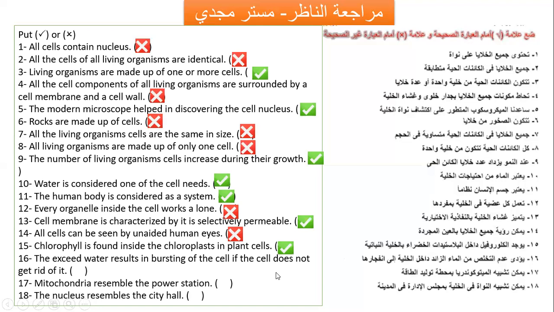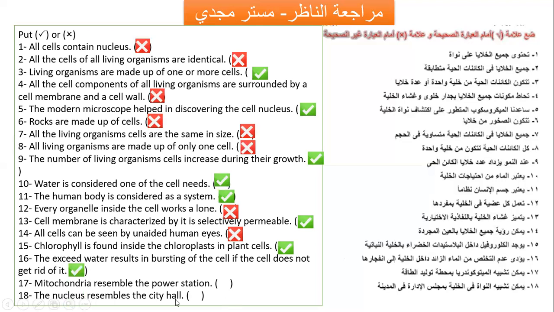Yes, we said if much water enters the cell, the cell membrane allows some water to get out to keep water balance on both sides of the cell. So this is true. Excess water results in bursting, it means exploding, of the cell if the cell doesn't get rid of it.